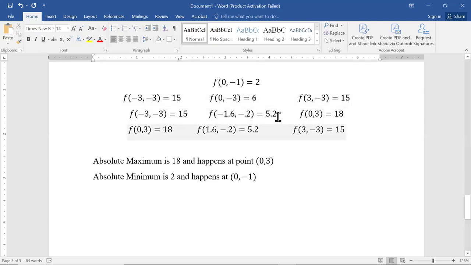And then we check the critical point within that region. Or if there's more than one critical point in the region, we check all the critical points in the region. If there's no critical points in the region, then we just need to check the boundaries. So that's how we approach that type of problem.